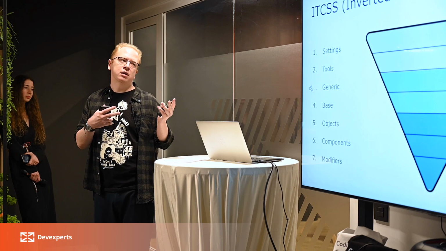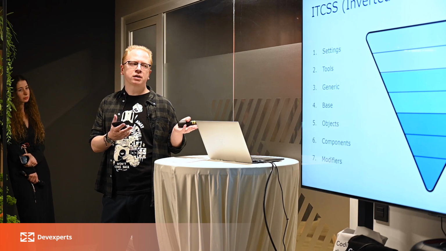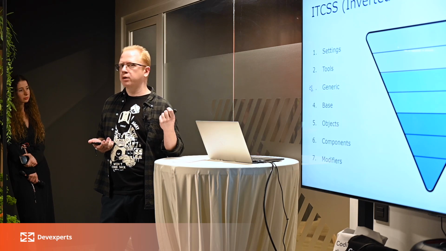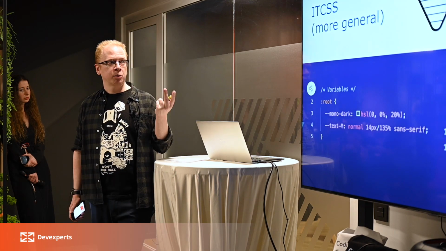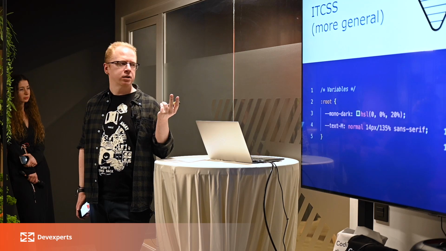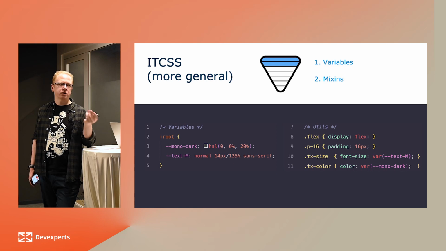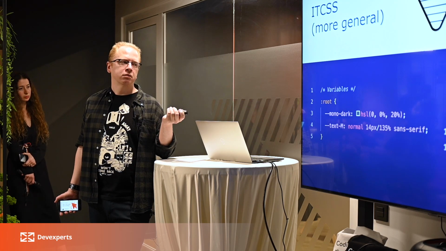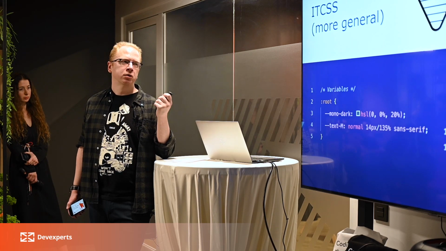On the top levels, we have the more general properties and classes, and the lower we get, the more specific the context becomes. To give a better example, the top 2 levels are generally variables and mixins. Basically, you could set this up yourself. It could easily come from some libraries like Normalize, and a lot of CSS frameworks have this implemented by default.